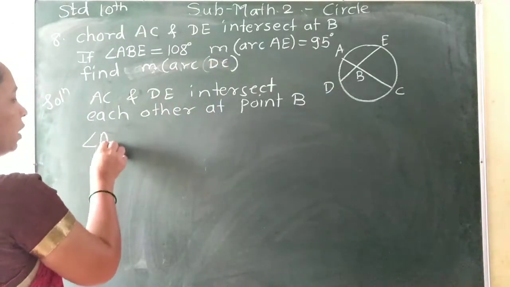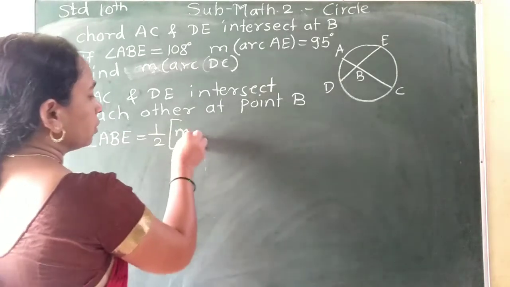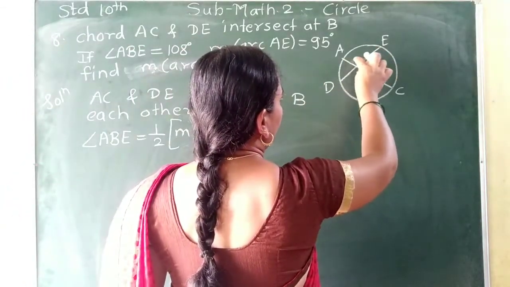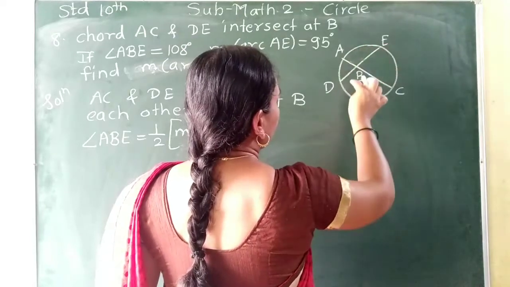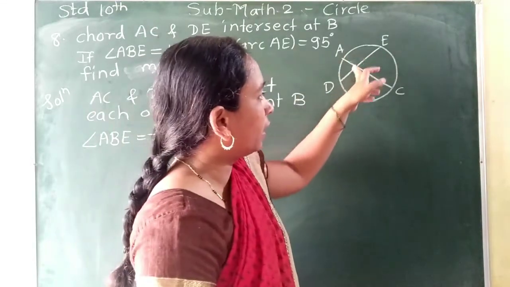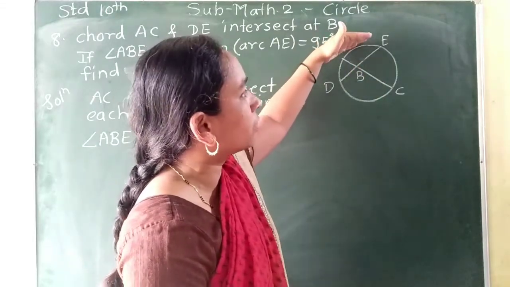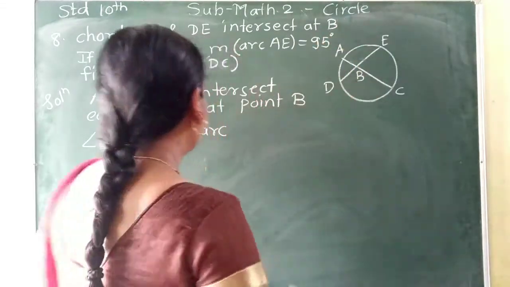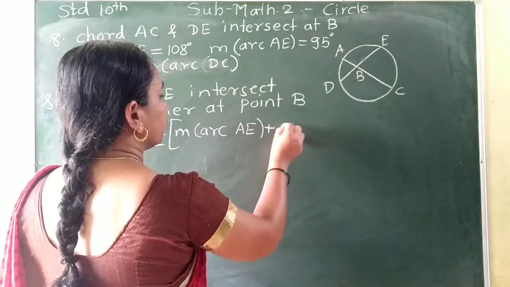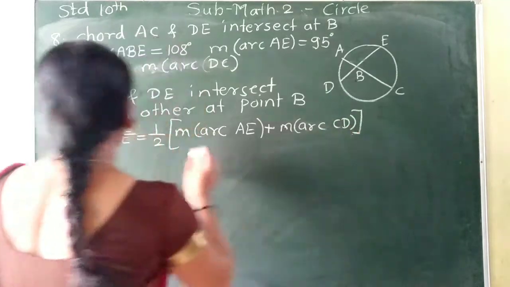Angle ABE is congruent to angle DBC because they are vertically opposite angles. The corresponding arcs are AE and CD. So angle ABE is half of the sum of measure of arc AE and measure of arc CD.